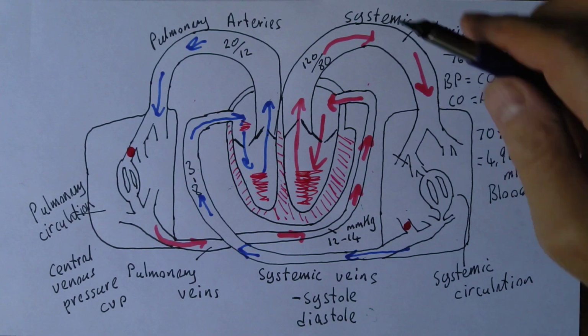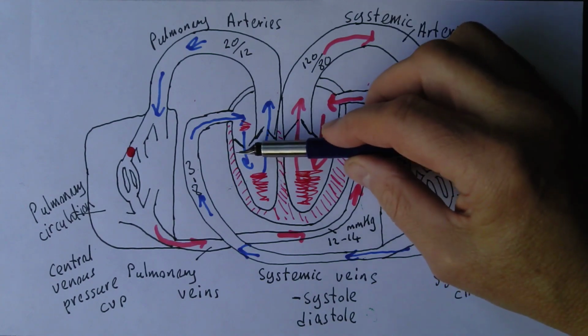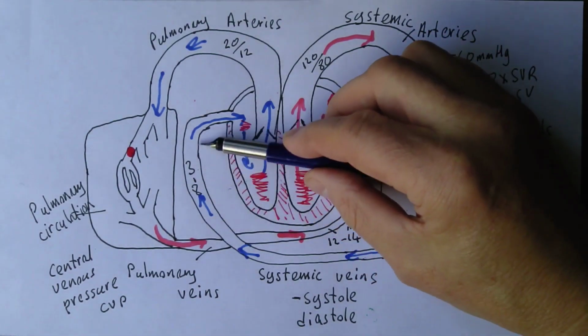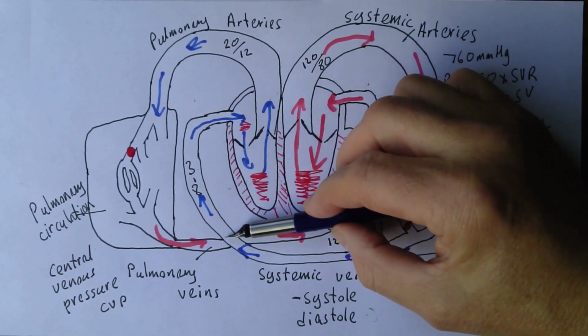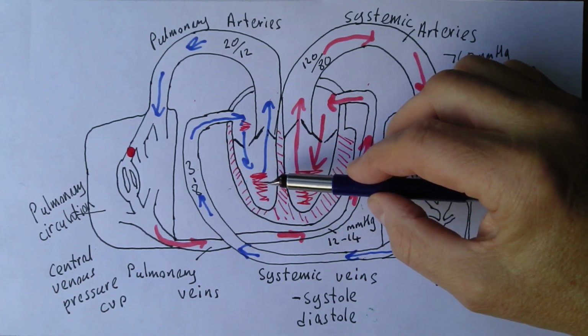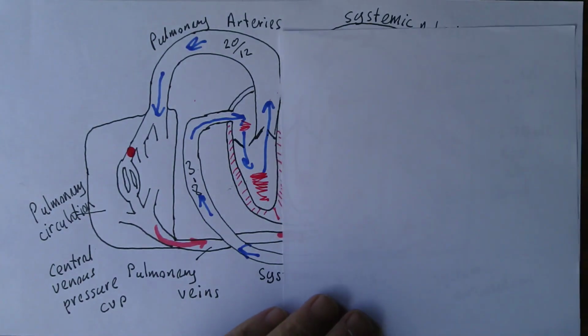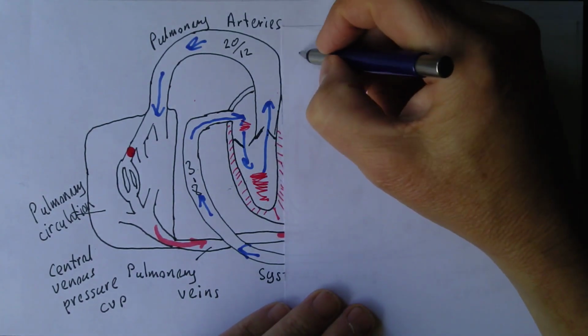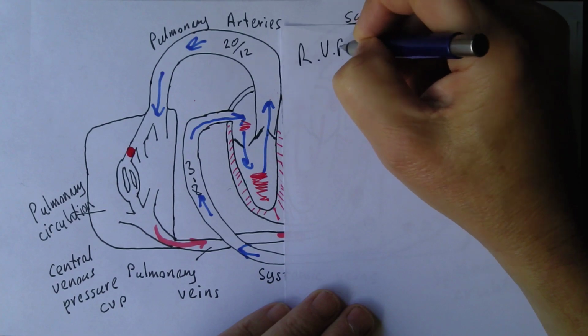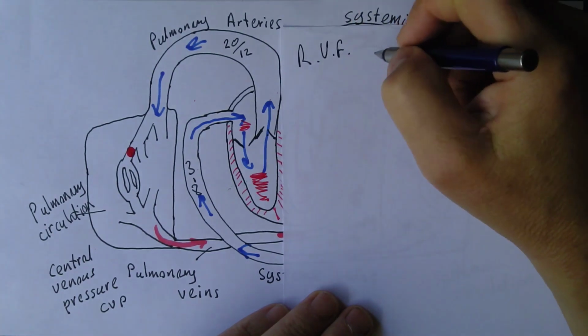But another common cause of systemic venous hypertension is right ventricular failure. So we need to think about right ventricular failure. RVF, the right ventricular failure.